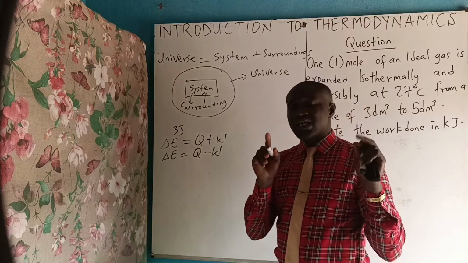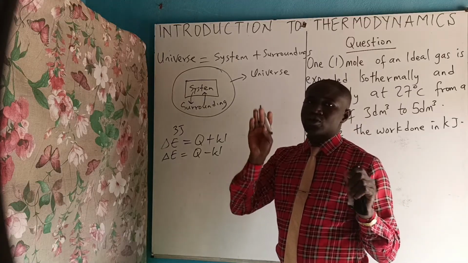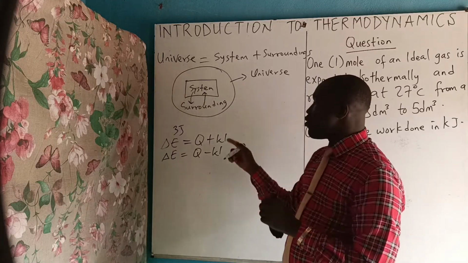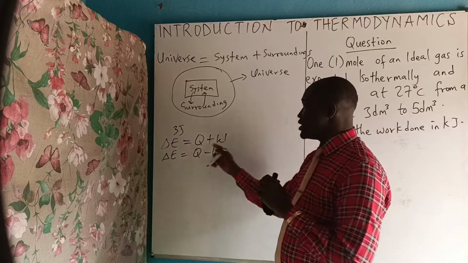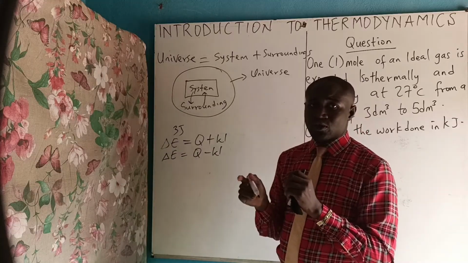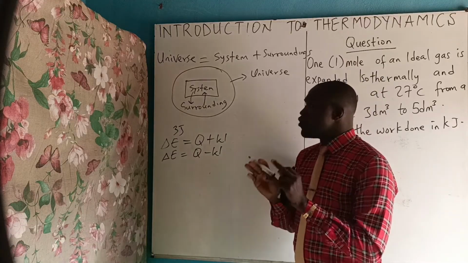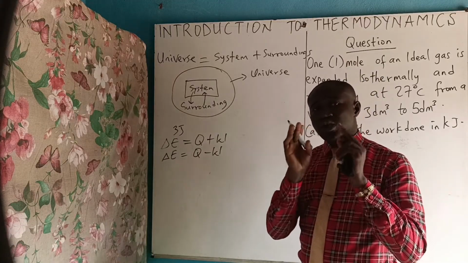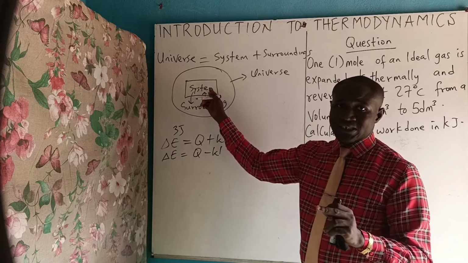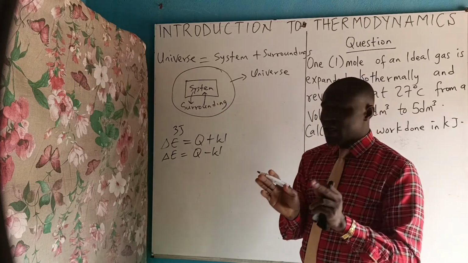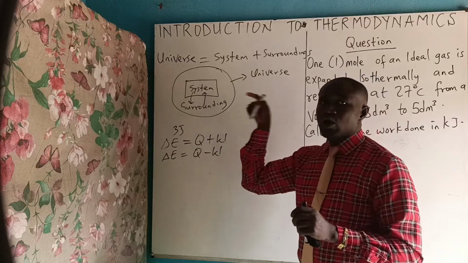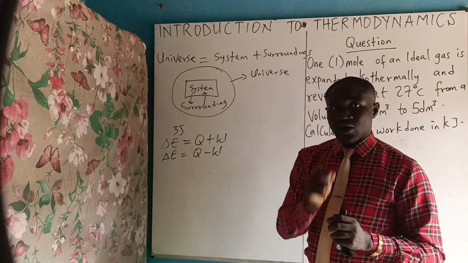It depends on the focus, or where the person writing this formula is trying to focus on. It depends on where you want to concentrate the discussion. If you want to focus on what happened on the system, you will see its own formula. If you want to discuss what happened on the surrounding, you will have its own formula. Look at what I mean.